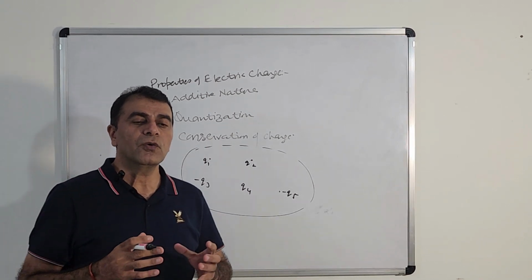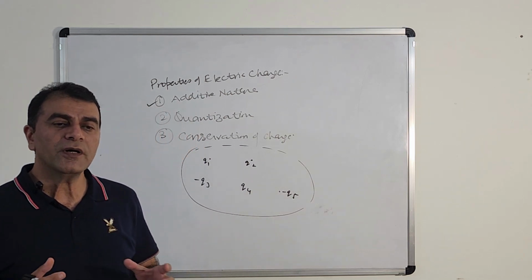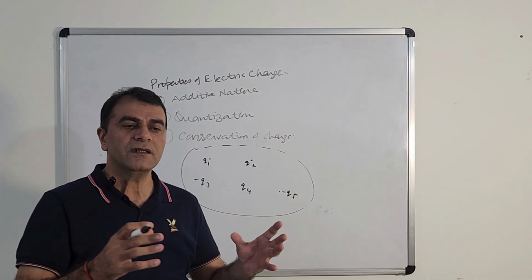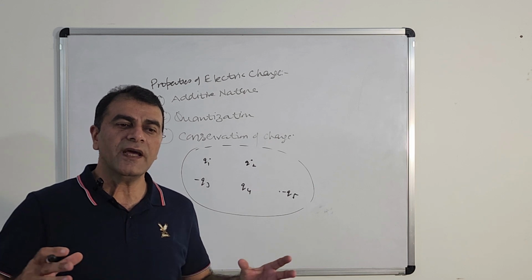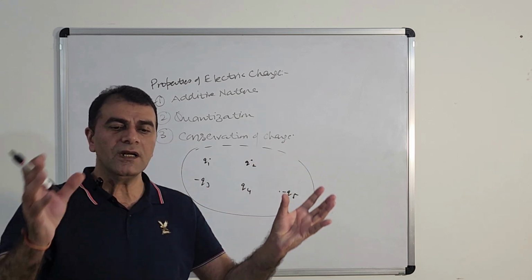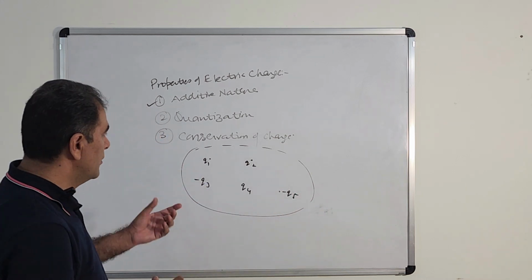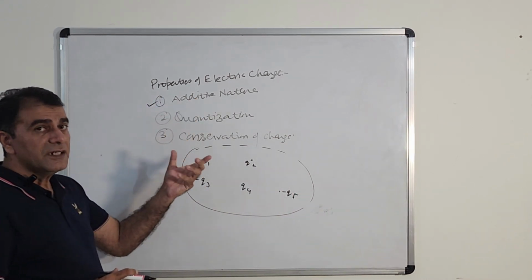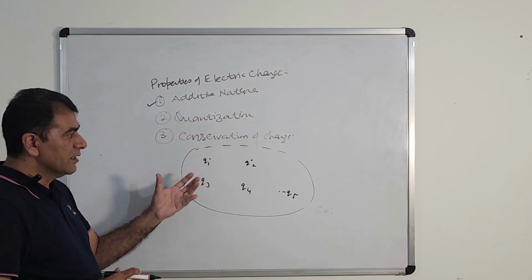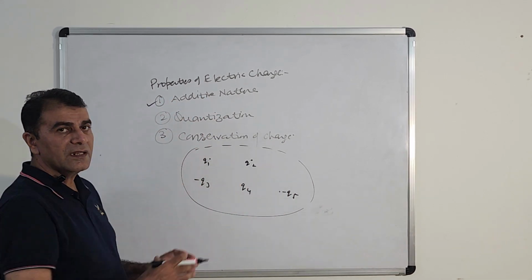Likewise, in the case of a body where there are different mass points, we can add these masses, so the total mass of the body is the algebraic sum of all mass points. Similarly, electric charge can be algebraically added.